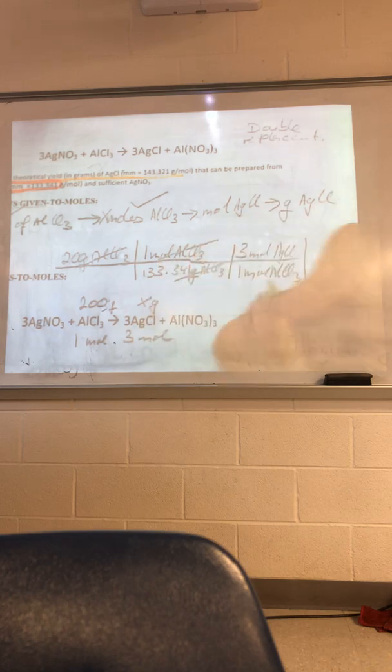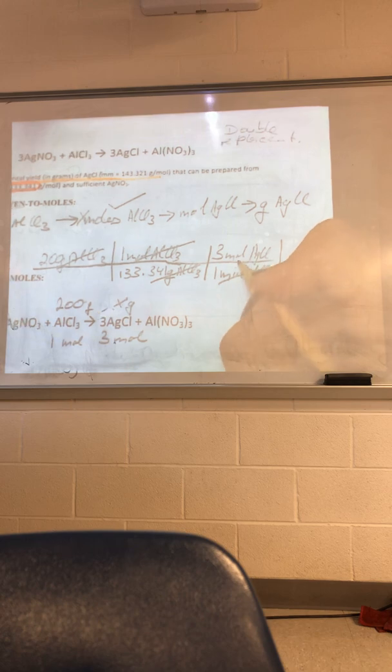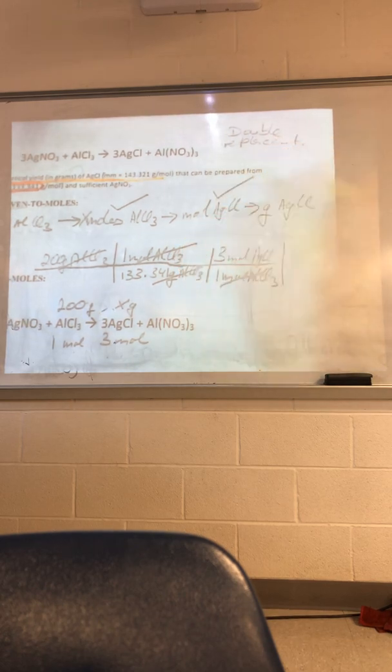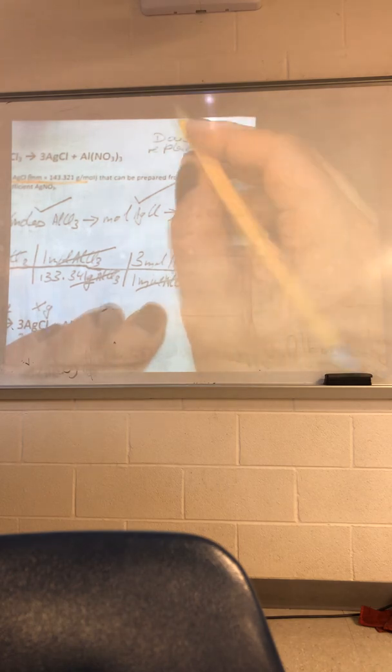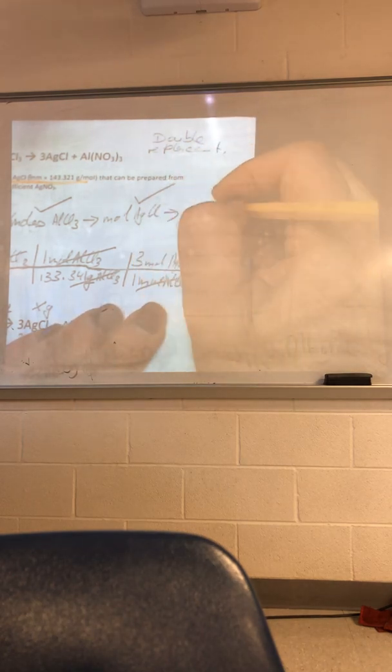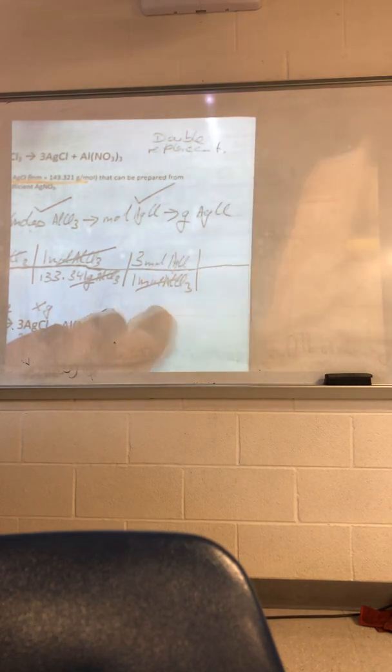So if I cancel my moles now, what am I in? Moles of AgCl. Is this right here? So am I almost done here? Alright, so now to go from moles of AgCl to grams of AgCl, what do I need to do?